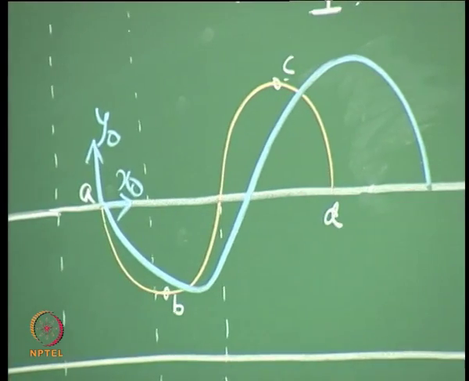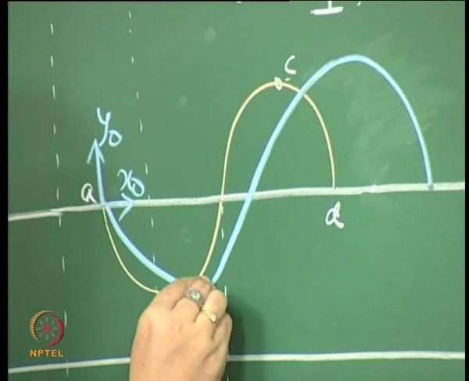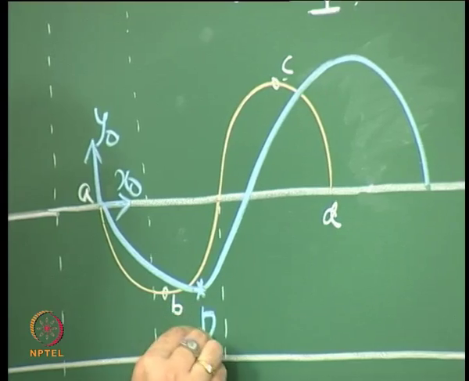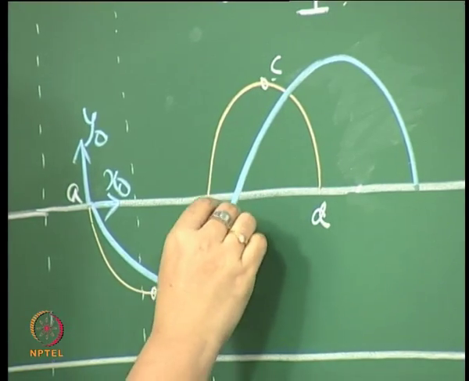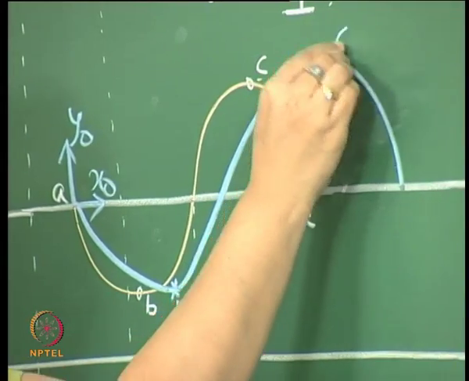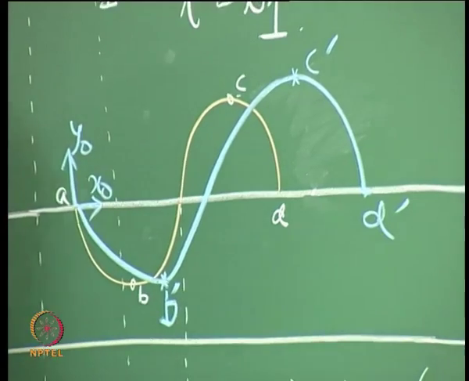Say something like that. Okay, so this wave, in that case this is my B dash, this is my C dash and this is my D dash.